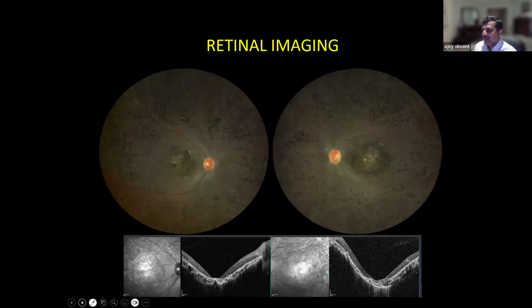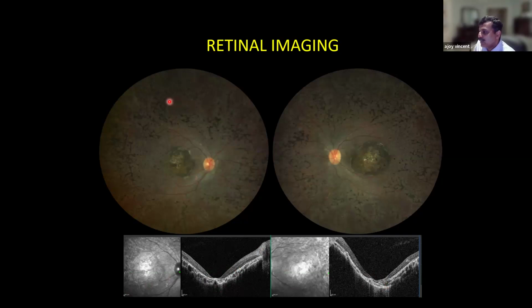And these are the images. Are the images projecting okay? Okay. As you can see, the disc looks fairly okay. There is macular atrophy on fundus image, which on OCT looks more like a pseudocoloboma appearance.